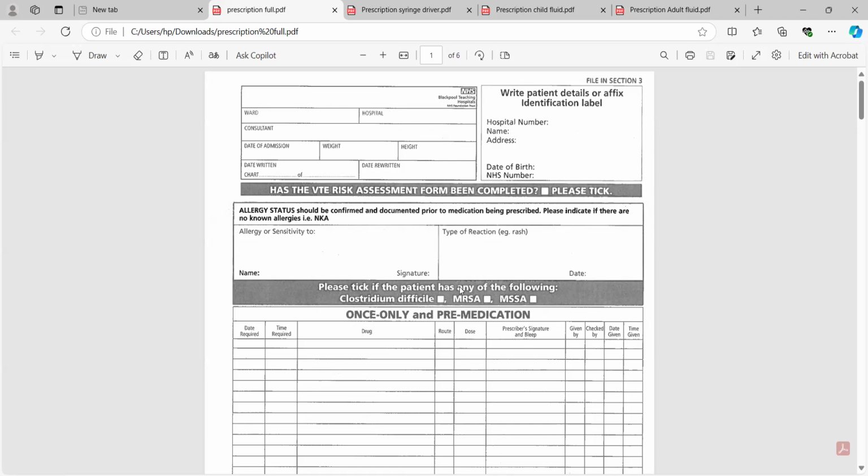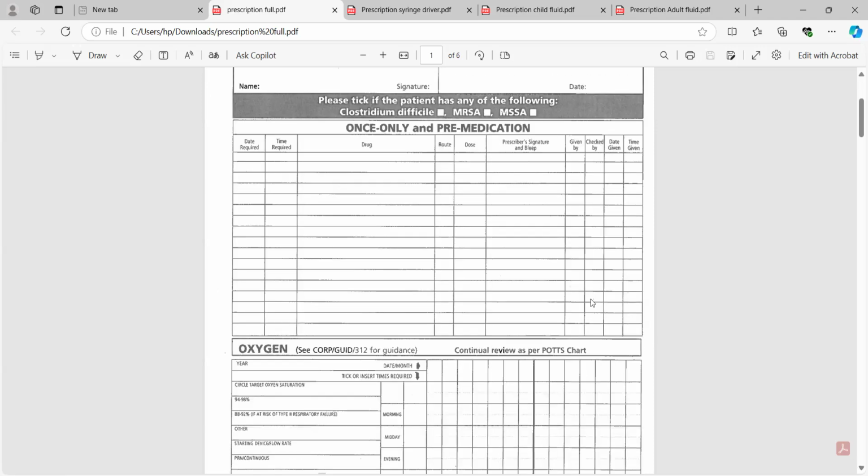You have to tick the MRSA box. In the first page, you have to write the once-only and pre-medication, which is the loading dose of any medication. You have to write the date, the time, the drug name, the route, dose, and sign with your bleep number. You can skip all these four boxes.